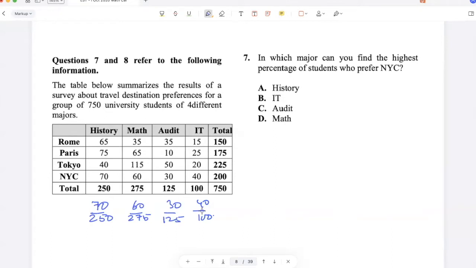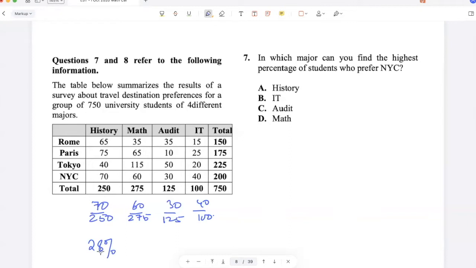7 by 25, 0.28, so that's 28%. 60 by 275, 60 divided by 275.